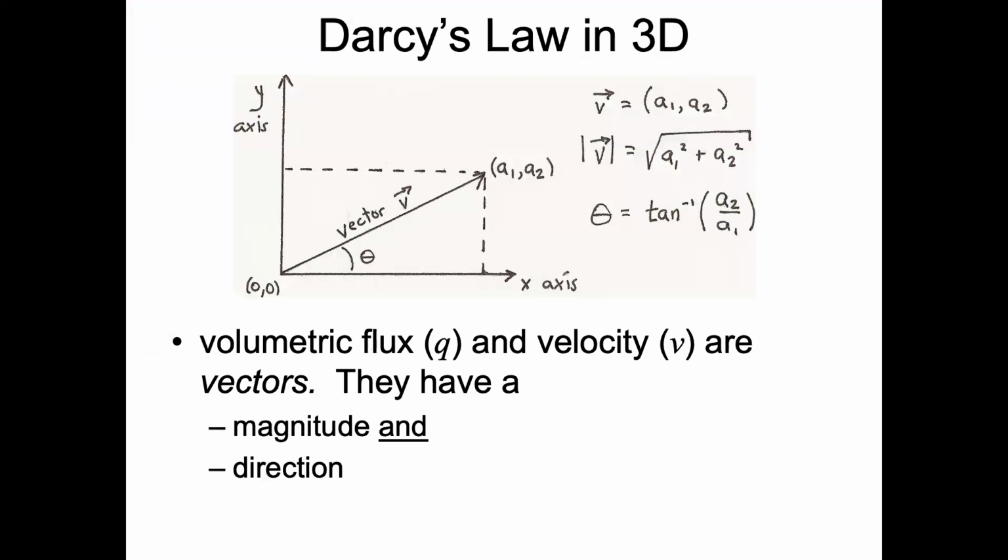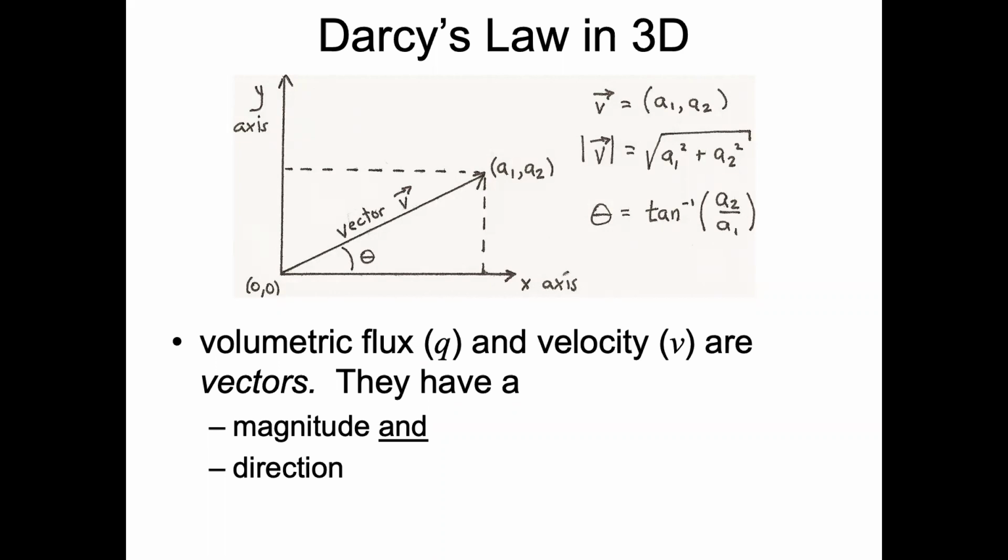So when we think about flow in multiple directions, we can think about it in terms of two components: its magnitude and its direction. We can begin to understand the magnitude of any given vector, and that vector might be the volumetric flux, or that little q, or velocity, in any of these differing directions, right?